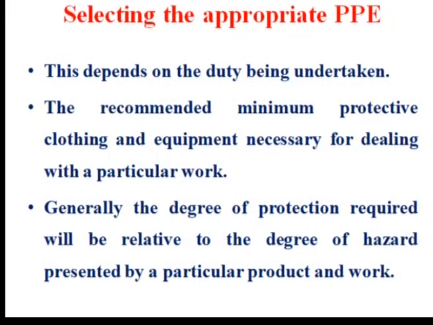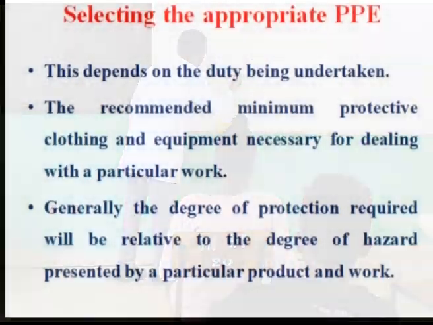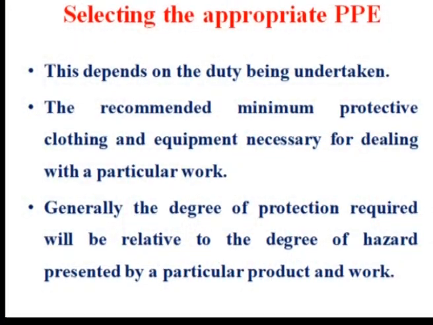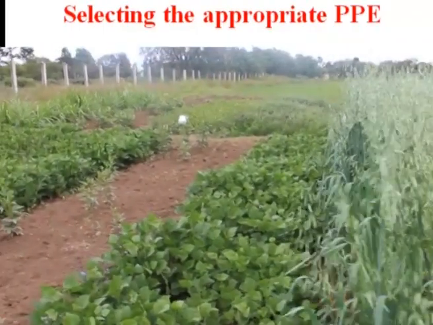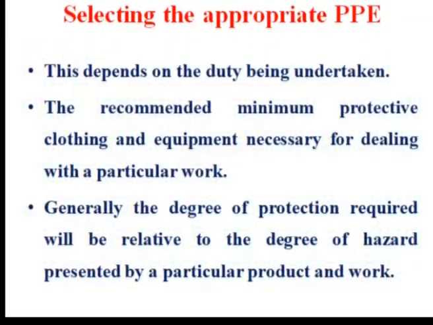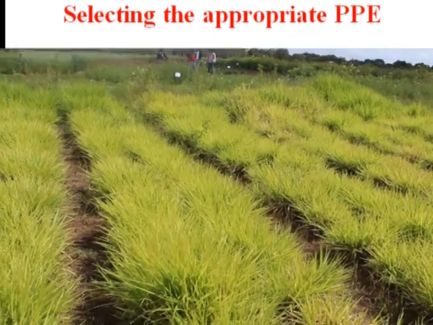The next important point is selecting the appropriate PPEs. During pasture establishment, you have to select the appropriate PPEs. So, how is protective clothing and equipment necessary? It's better to understand this point.